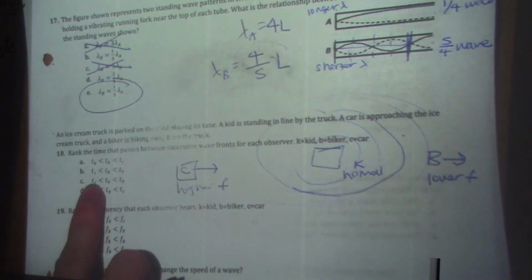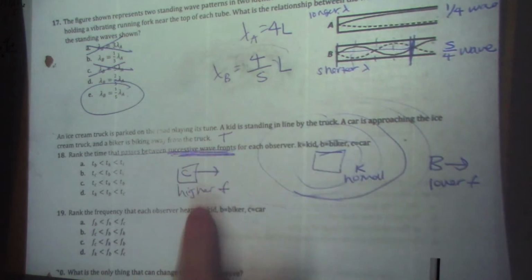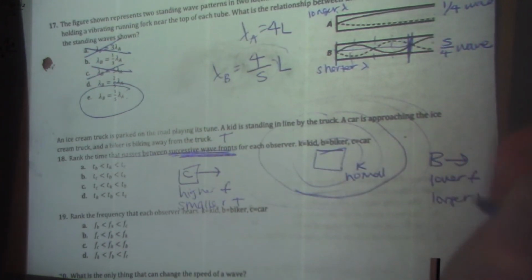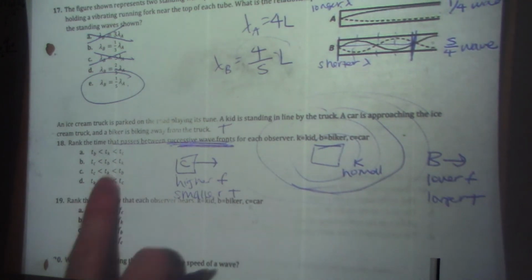So talking about time between successive wave fronts, well, the time between waves is just a period, right? The time for one wave until the next one. So a higher frequency will be a smaller period, less time, and a lower frequency will be a longer period. So this is going from least to greatest because these signs mean that it's bigger on the right side, smaller on the left side.